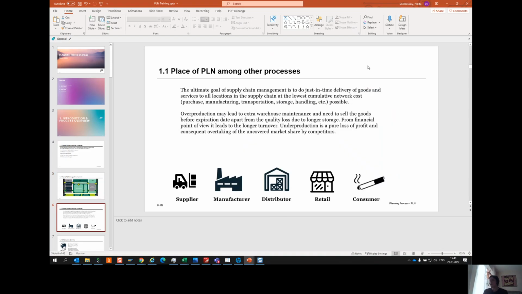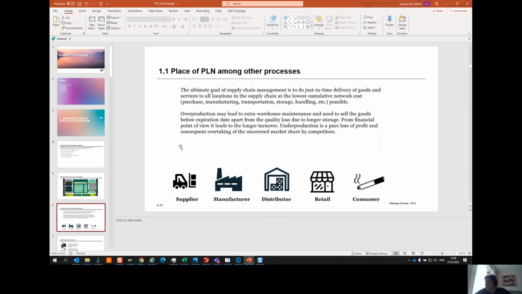So the ultimate goal of supply chain management is to do just-in-time delivery of goods and services to all locations in the supply chain at the lowest cumulative network cost. Because if we overproduce, then we will need to keep those extra stock keeping units, SKUs, in the warehouses.